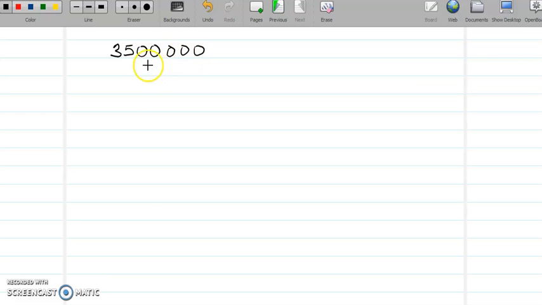If I ignore this 0, I will have this number to be 35. So 35, that means that the point must be a number that is less than 10. So the point will be here, because 3 is a number between 1 to 10.